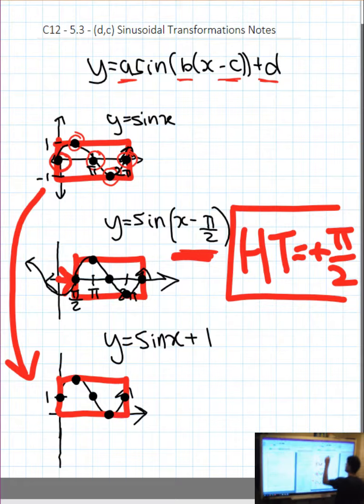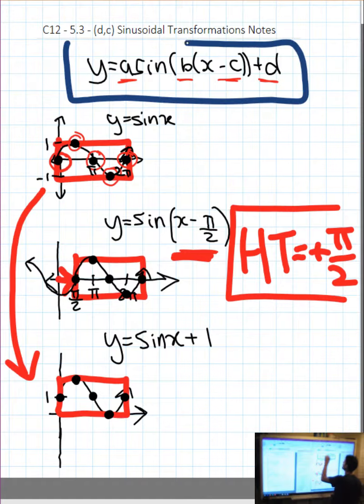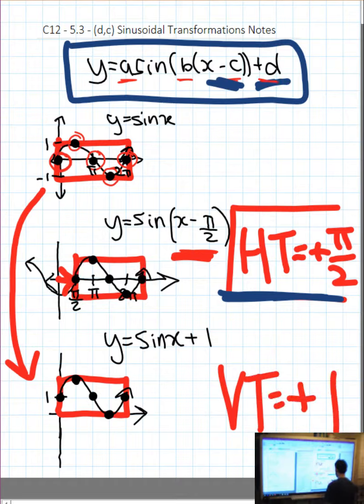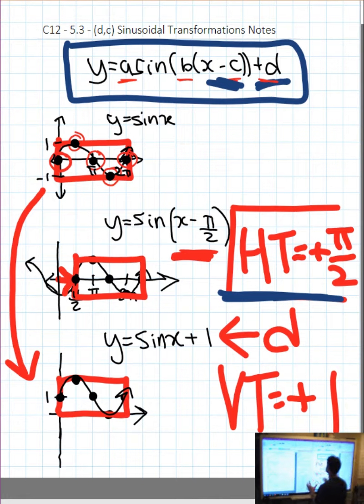So remember, inside the brackets, in blue, in the formula at the top, C is horizontal, left and right. And D is, big red down at the bottom, a vertical translation equaling +1, having a D value of 1. So now we're going to put it all together, and we're really going to enforce this box model.